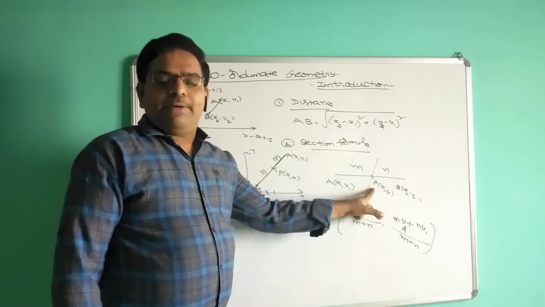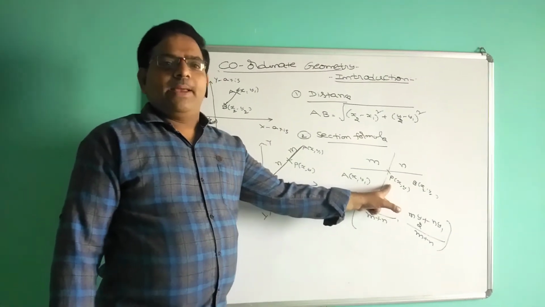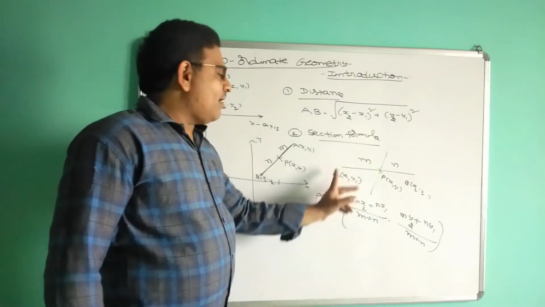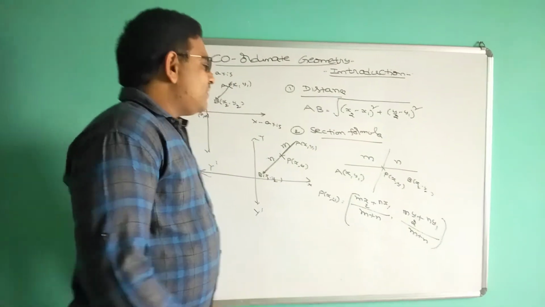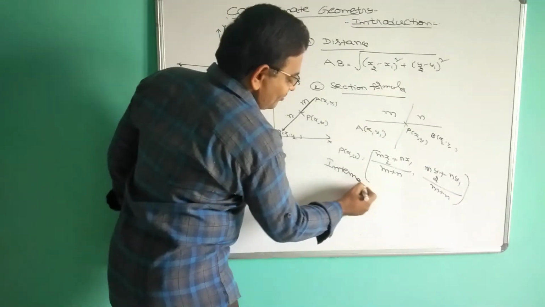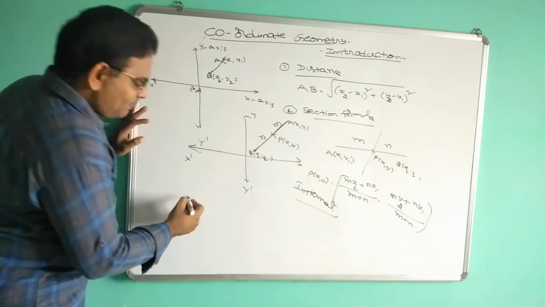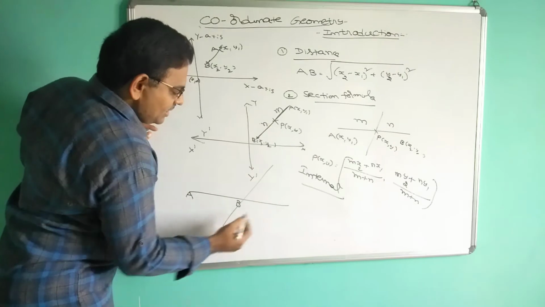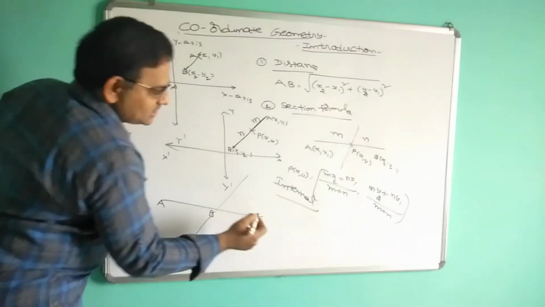Here P is called the dividing point of AB. P lies between A and B. That's why this formula is called the internal formula. Same, for suppose AB is here, and the dividing point is here, then the formula is the same.